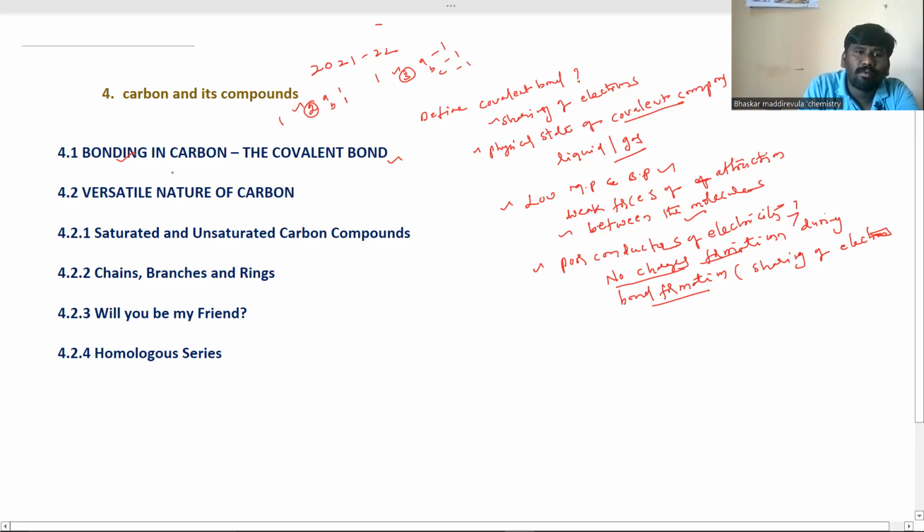Now, from the bonding in carbon, they may ask the question, why does carbon not form a C4 minus ion, or why does carbon not make a bond by the formation of a C4 plus ion, or why does carbon not form bonds by the transfer of electrons?